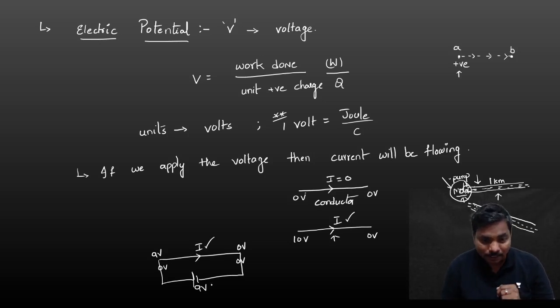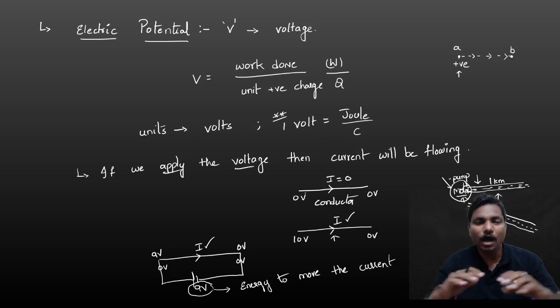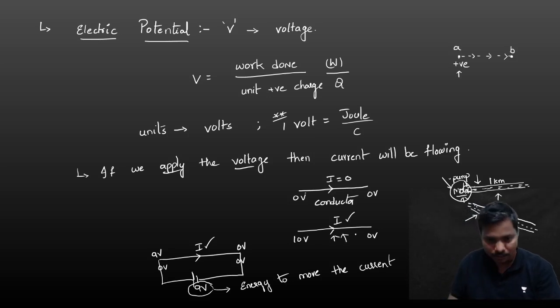That means here it is the voltage or potential, it gives the energy to move the current. So whenever we apply the voltage, current is flowing, or whenever there is a potential difference, then current is flowing. Okay, so you can note down the points.